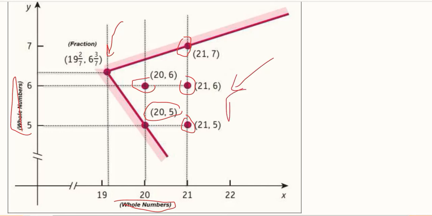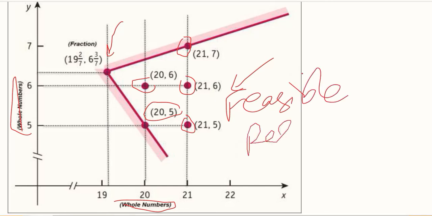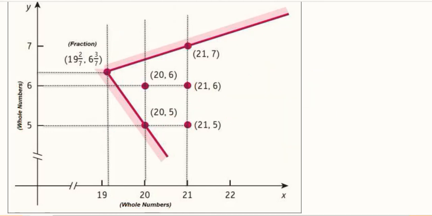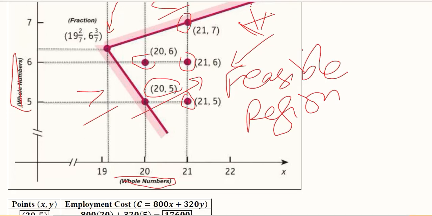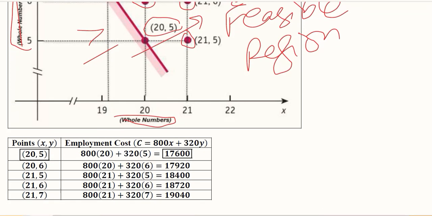They are within the feasible region because they are below the second constraint and above the first constraint. This makes them follow the restrictions of the inequalities of less than or equal and greater than or equal. So out of these we can choose one that minimizes the cost, and this is done in the next table.